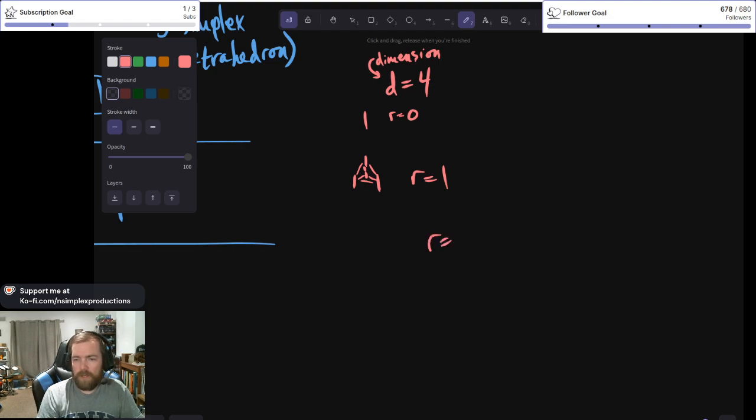All right, r equals 2. So now we have 2 rolls of the same tetrahedron. If you get 2 in the A direction, there's only one possible way to do that. If you get 2 in the B or C direction, or in fact D direction, there's only one way to do those. But now you've got the possibilities that you do 1 in the A, 1 in the B. Again, there are 2 different ways to do it.